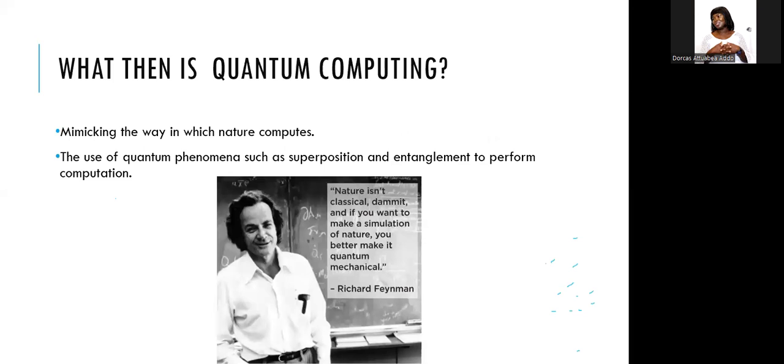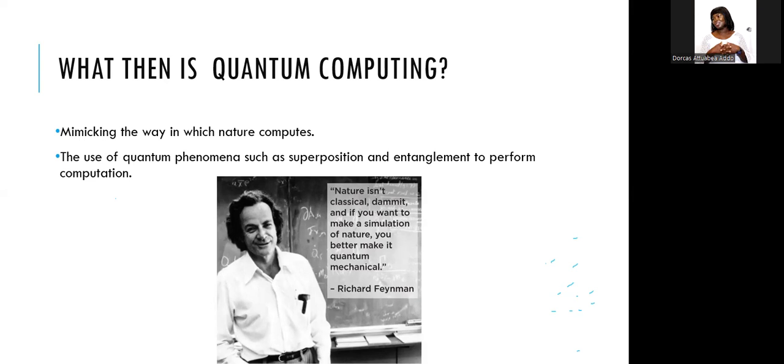So after all is said and done, we have talked about superposition, interference, entanglement, the Bloch sphere, the qubit, the bit. So what then is quantum computing? Because yes, I've been going on about all these things, but what then is quantum computing?